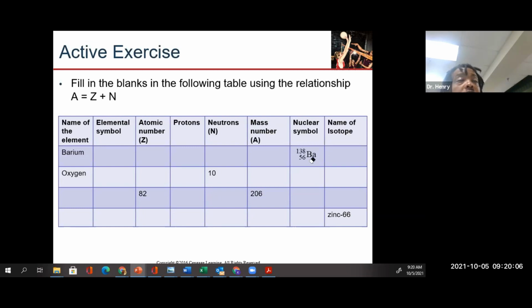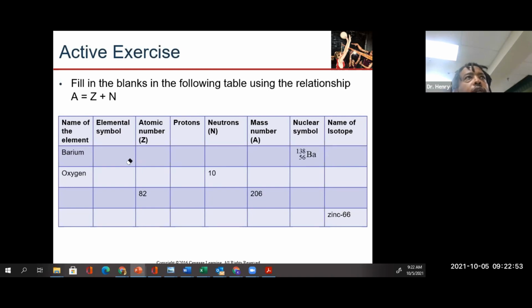And so this guy is going to be different than what we see on our periodic table. And our atomic mass, or our mass number, is going to be the number that's provided here. It's not going to be the one provided by the periodic table. Does that make sense? Okay, you want to do it together? I don't see any writing on my board. I'm feeling lonely. Okay, let's go.